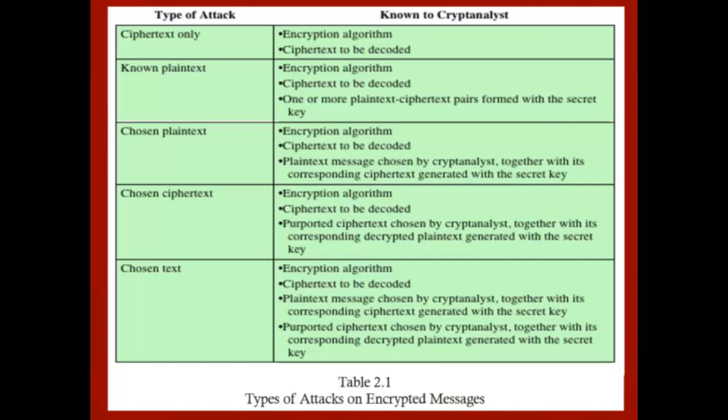Closely related to the known plaintext attack is what might be referred to as a probable word attack. If the opponent is working with the encryption of some general message, he or she may have little knowledge of what is in the message.